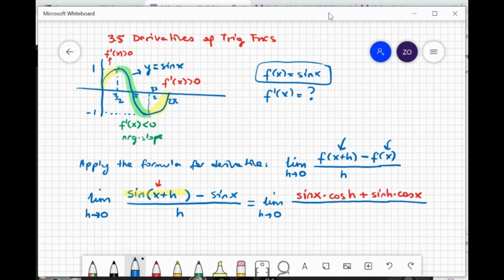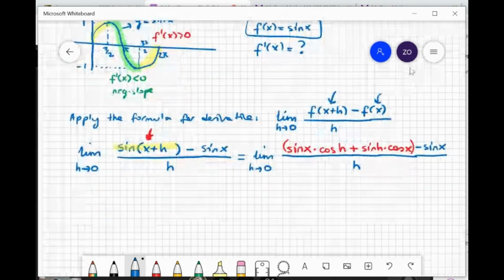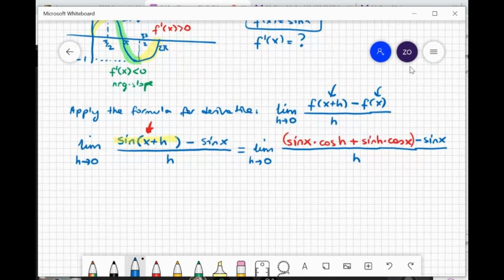From this, we subtract sine of x. We just expanded the formula for sine of a sum, and we divide this by h. Here we have sine x and sine x, so let's group them.